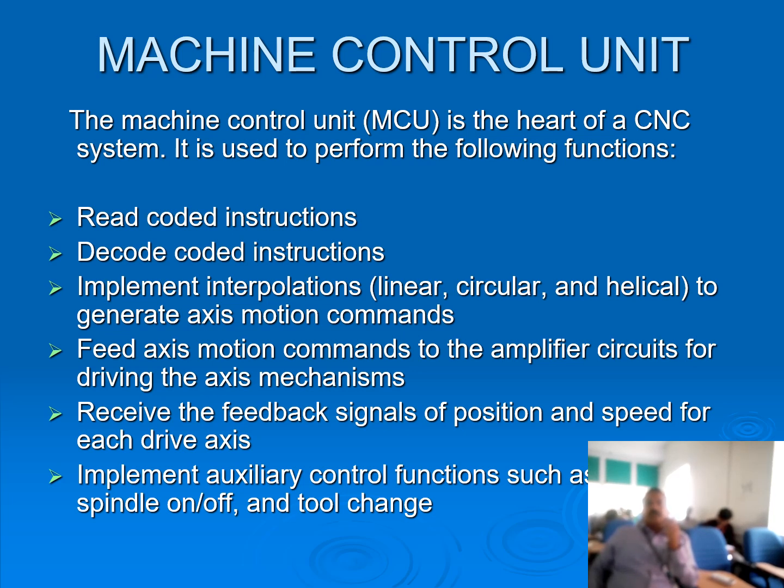Feed axis motion commands to the amplifier circuits for driving the axis mechanisms. Receive the feedback signals of position and speed for each drive axis. Implement auxiliary control functions such as spindle on-off and tool change, etc. So these are the functions of a machine control unit.